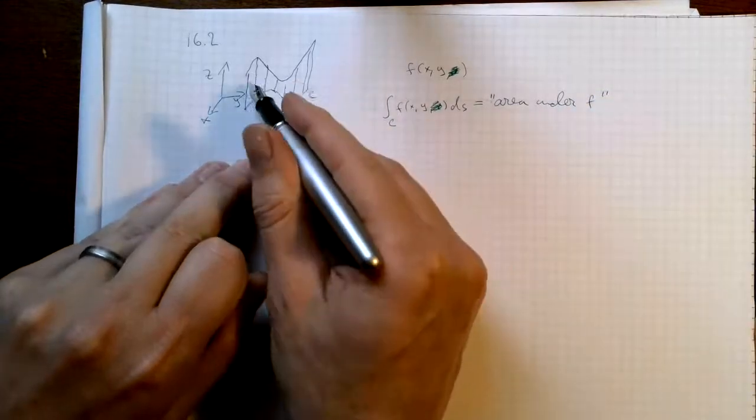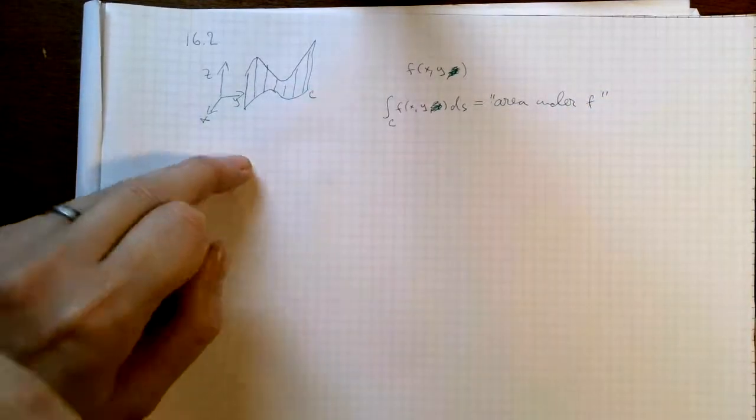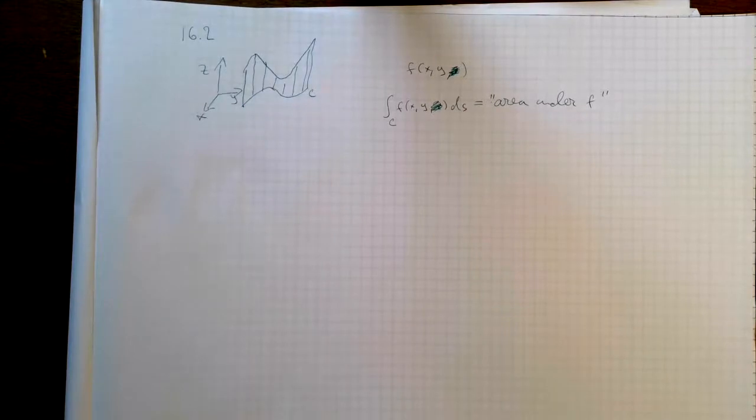What's the area of this fence, right? So it should tell us, if we wanted to paint the fence, the amount of paint that we're supposed to use.